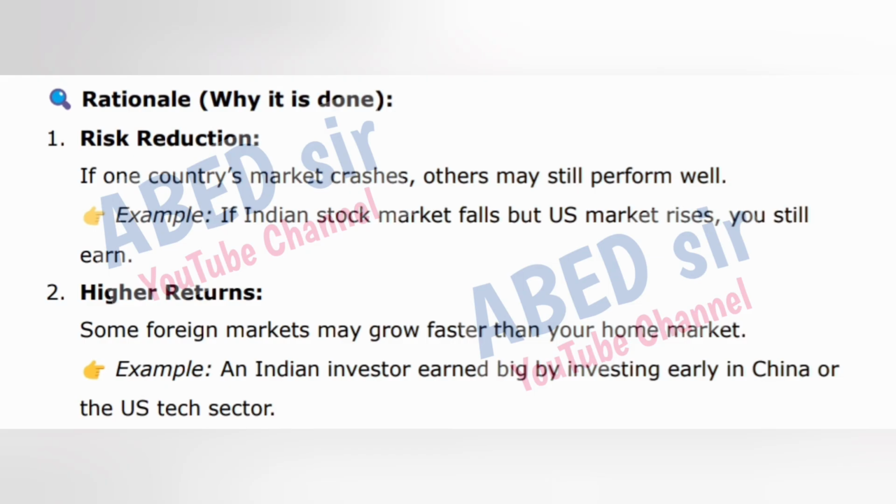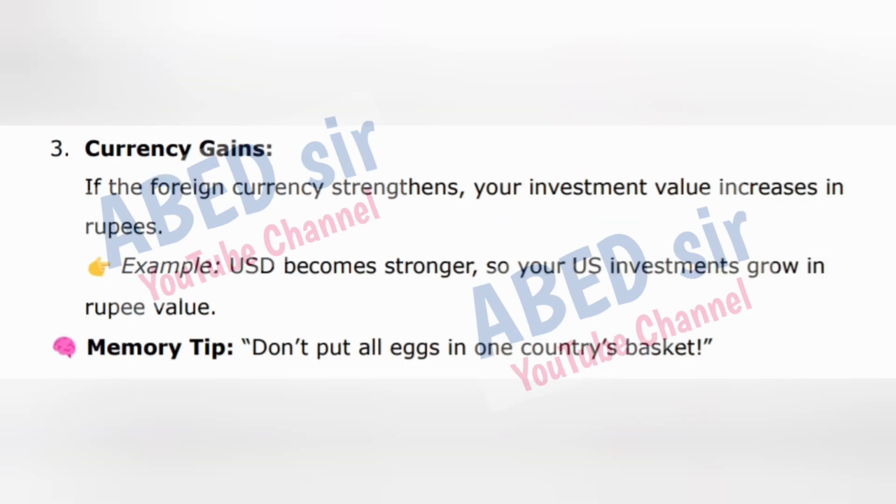Example: an Indian investor earned big by investing early in China or the US tech sector. 3. Currency gains. If the foreign currency strengthens, your investment value increases in rupees. Example: USD becomes stronger, so your US investments grow in rupee value. Memory tip: don't put all eggs in one country's basket.